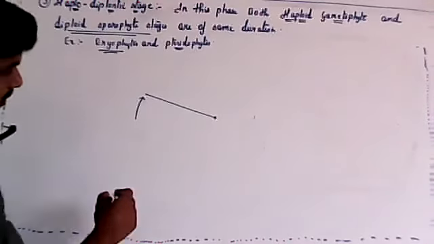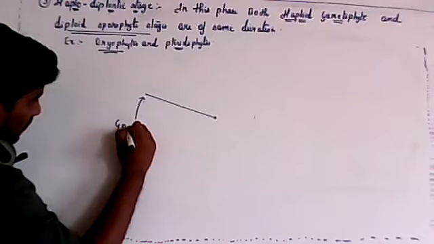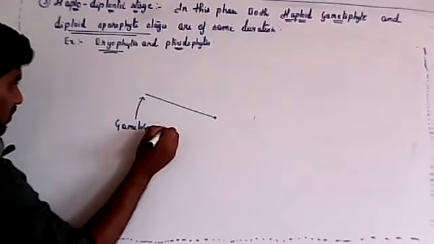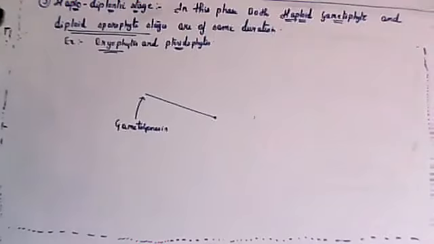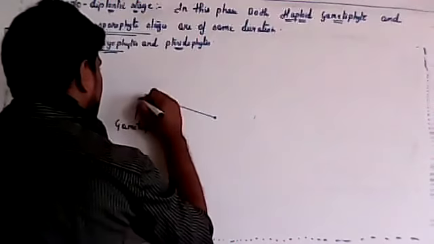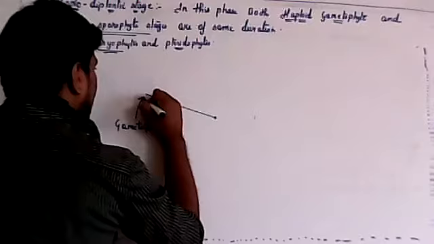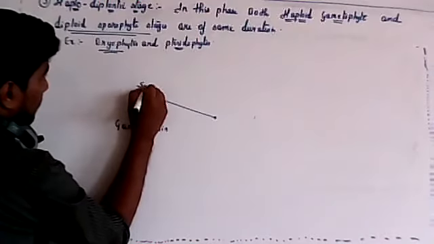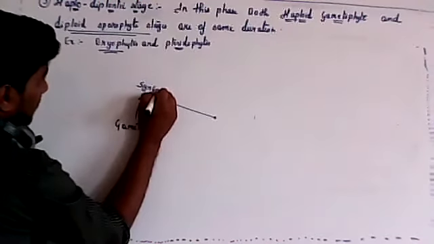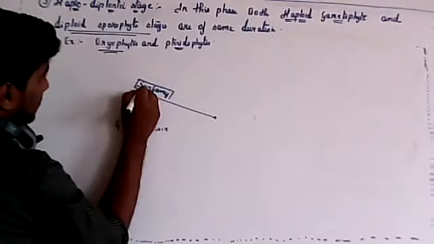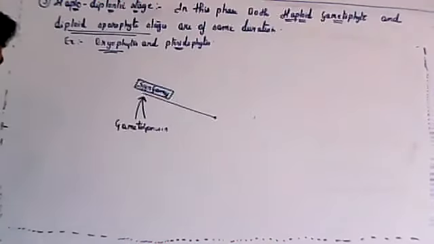Gametogenesis will occur, so after gametogenesis there is formation of male and female gametes. Next is called syngamy. Syngamy means fusion of male and female gametes.